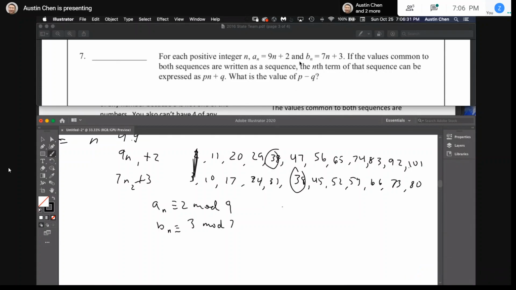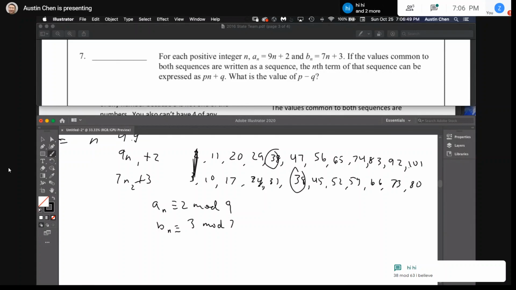Okay, so a sub n describes all the integers that are 2 mod 9, and b sub n describes all the integers that are 3 mod 7.